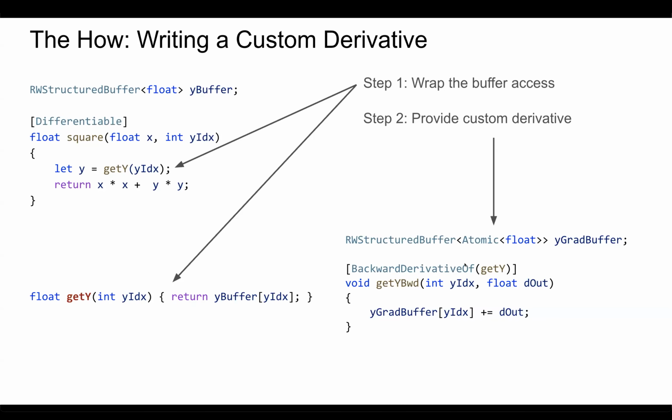And we know that the way that we're accessing this buffer, we can just write the gradient directly to the appropriate place in that buffer. There's not going to be a race condition, and we don't have to make it atomic. And then thankfully, we can let the compiler handle the rest of the derivation for this because we can intermingle custom and automatic derivative code. So we're not stuck writing custom derivatives for the entire complex call stack just because we had a single buffer access in the middle of it.